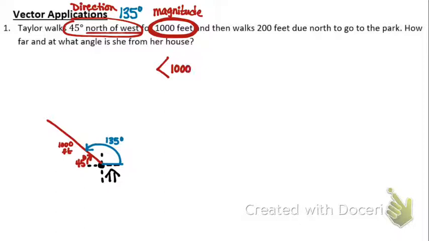And then to get the x part of the component, I do 1,000 and then which trig function? Cosine of, this would be 135, remember, because for sine and cosine I have to use my unit circle angles. They don't have to be unit circle angles, but I have to measure them from the positive x-axis over. So 1,000 cosine 135. How would I get the other part of this vector? Yep, 1,000 sine of 135.